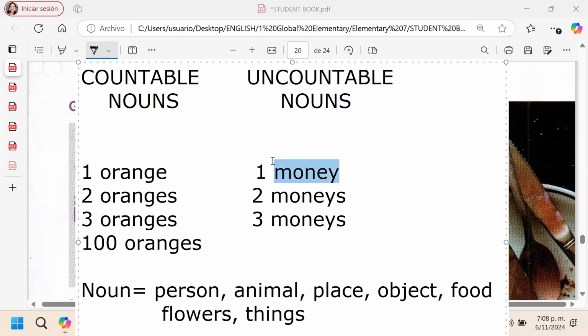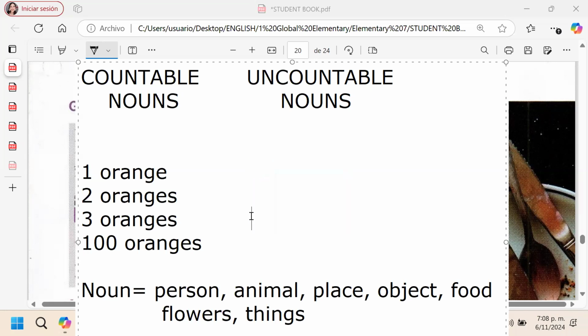The money is uncountable. You cannot count it. Or for example, 1 weather, 2 weathers, 3 weathers, no. The weather is uncountable.